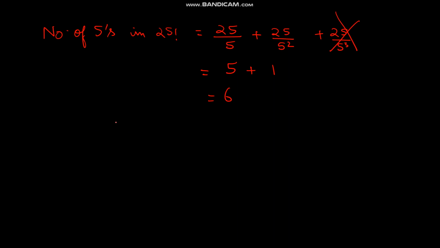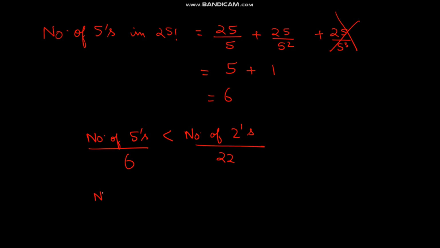Now we can see that the number of 5's is less than the number of 2's, right? The number of 5's is 6 and the number of 2's is 22, so the number of 5's is less. So how many tens can be formed here?